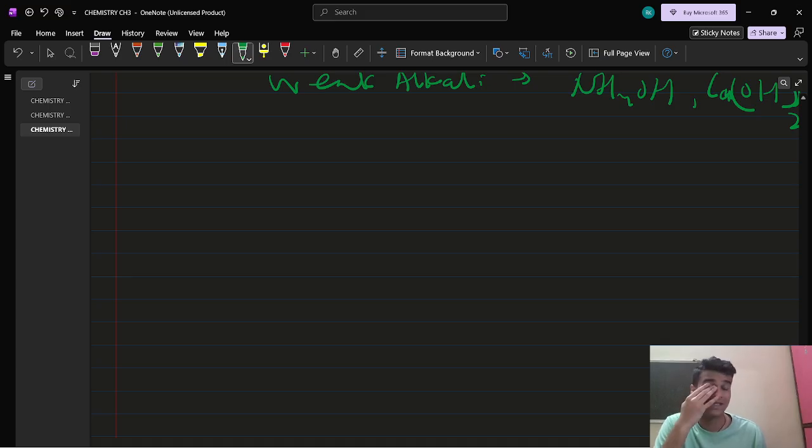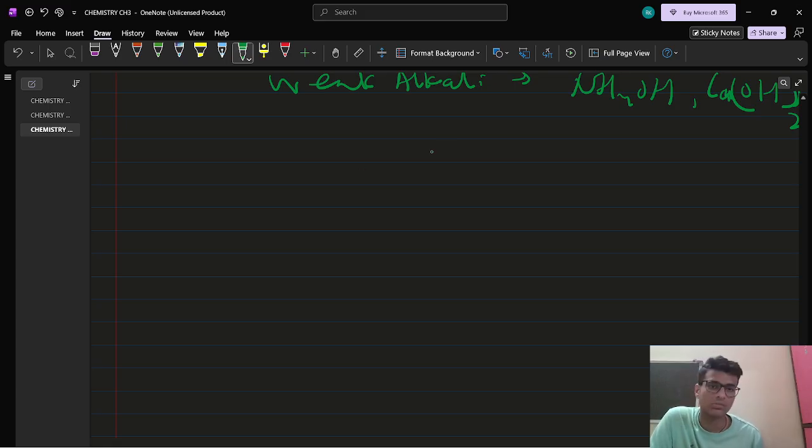Acid is not only acid, acid also has water. We don't use only acid, we add a little bit of water to it. So the one with more acid is concentrated, the one with relatively less is dilute. The one with more alkali is concentrated alkali, and the one with relatively less alkali is dilute alkali.